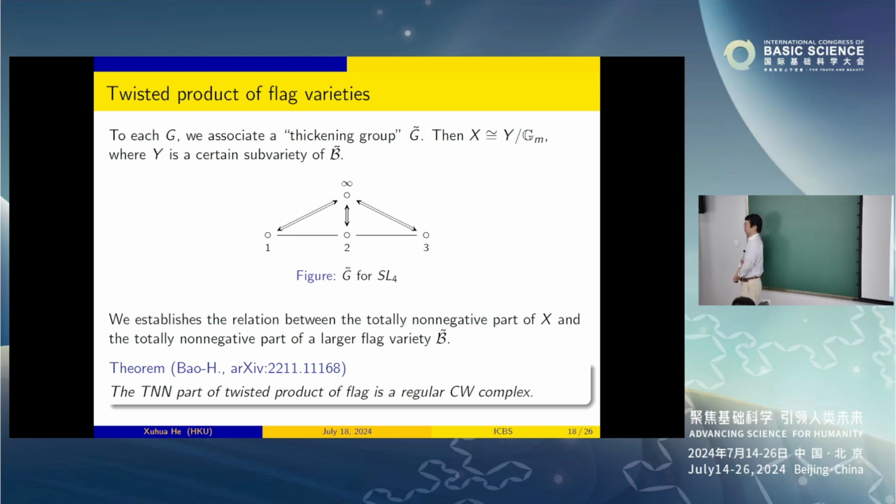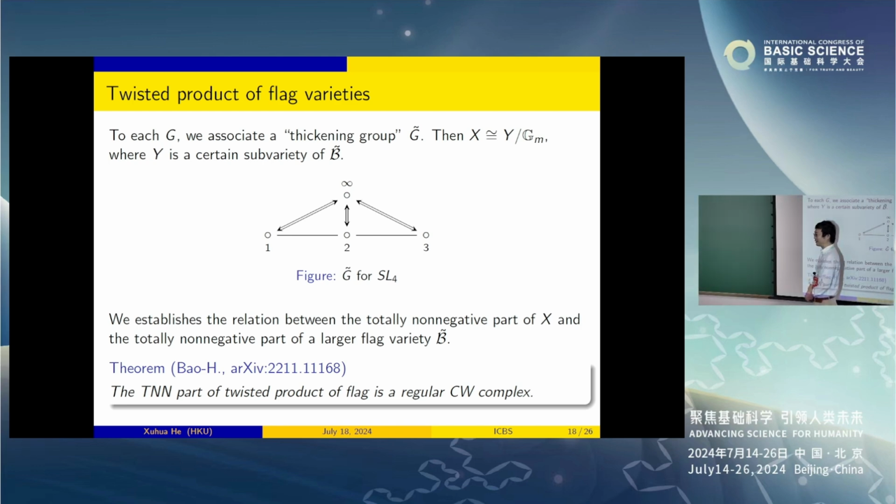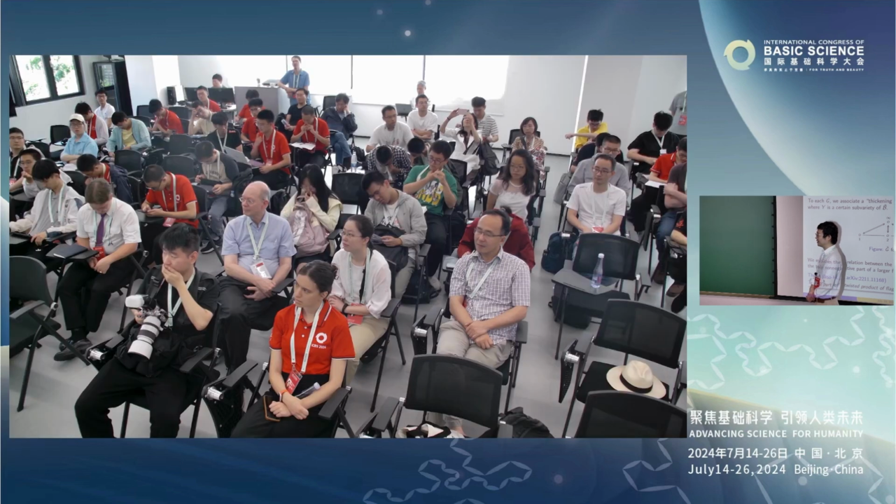I know there are various positivities related to Schubert calculus, K-theory, I mean cohomology. But I do not know if there are any direct relations with Lusztig positivity.